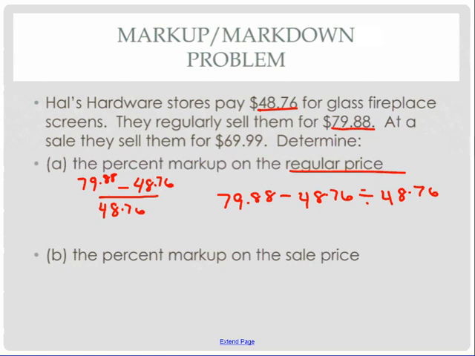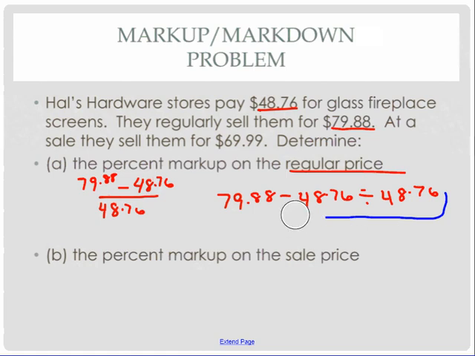It's going to do order of operations. And so it sees the division sign, and it's going to do this first, and it's going to say 48.76 divided by 48.76 is 1. 79.88 minus 1 is 78.88. So you've got to watch out for that.